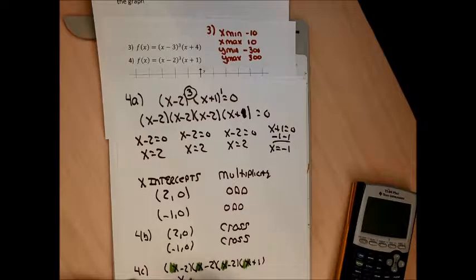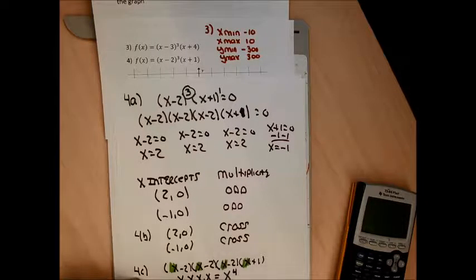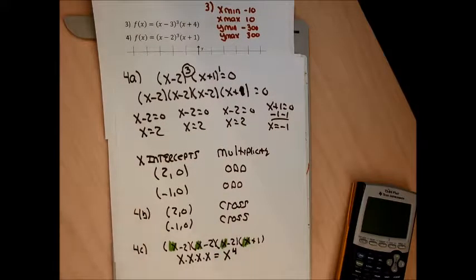If I was to FOIL all this out, the highest exponent term of x is going to be x⁴. So without doing a massive amount of FOILing, if you multiply all 4 parentheses out, the highest power of x that occurs is 4.